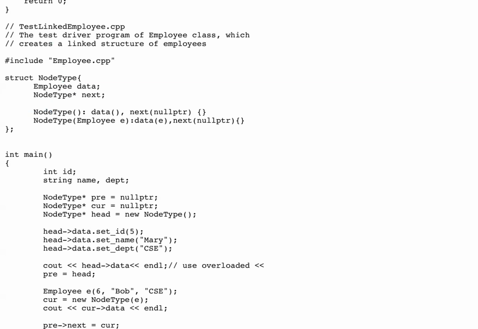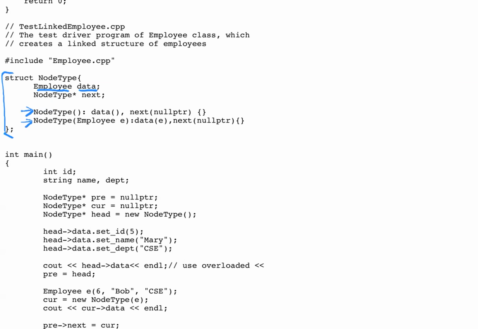In the test link, there are two constructors, the default constructor and a constructor with one parameter.